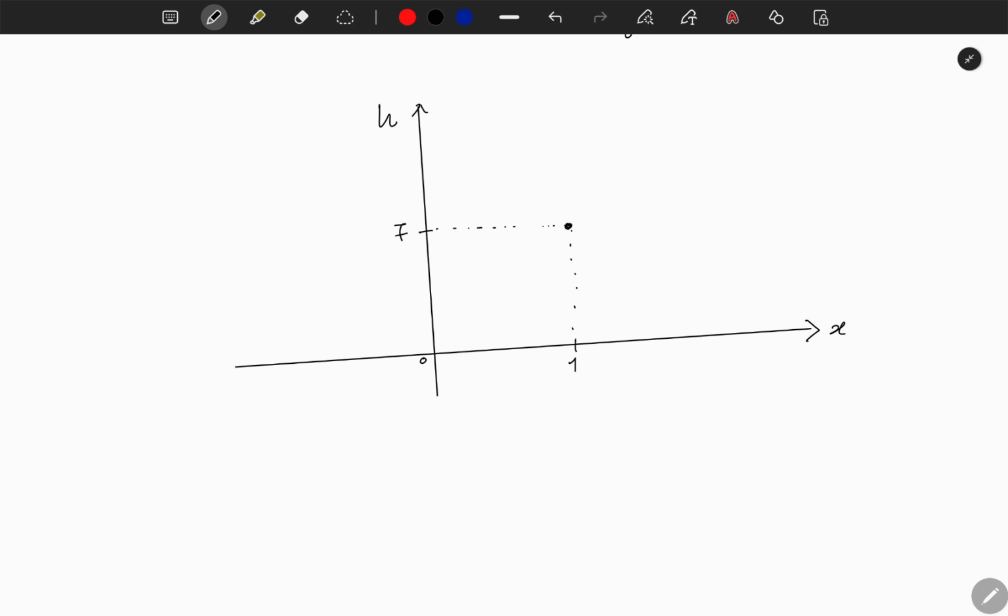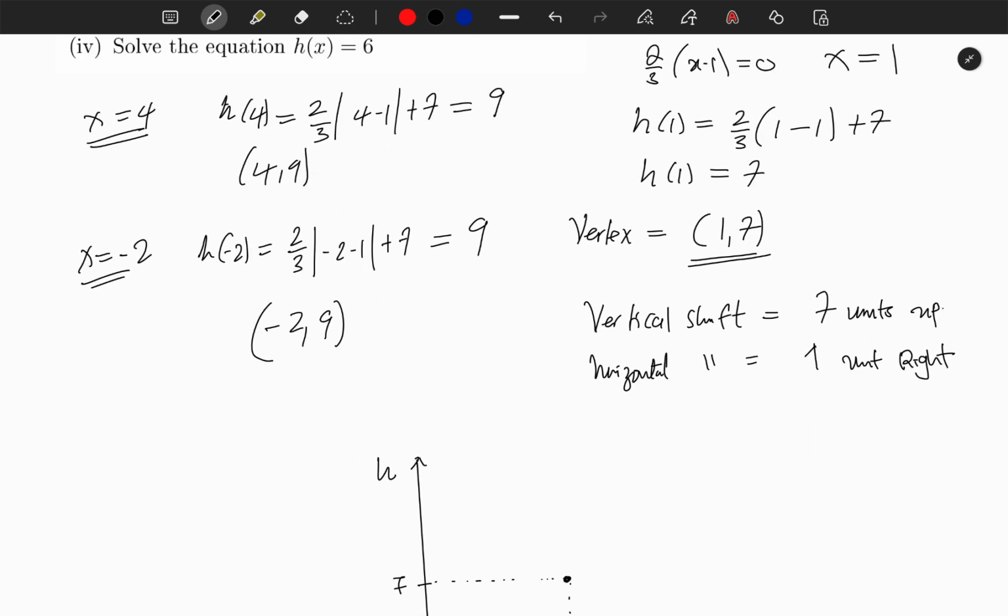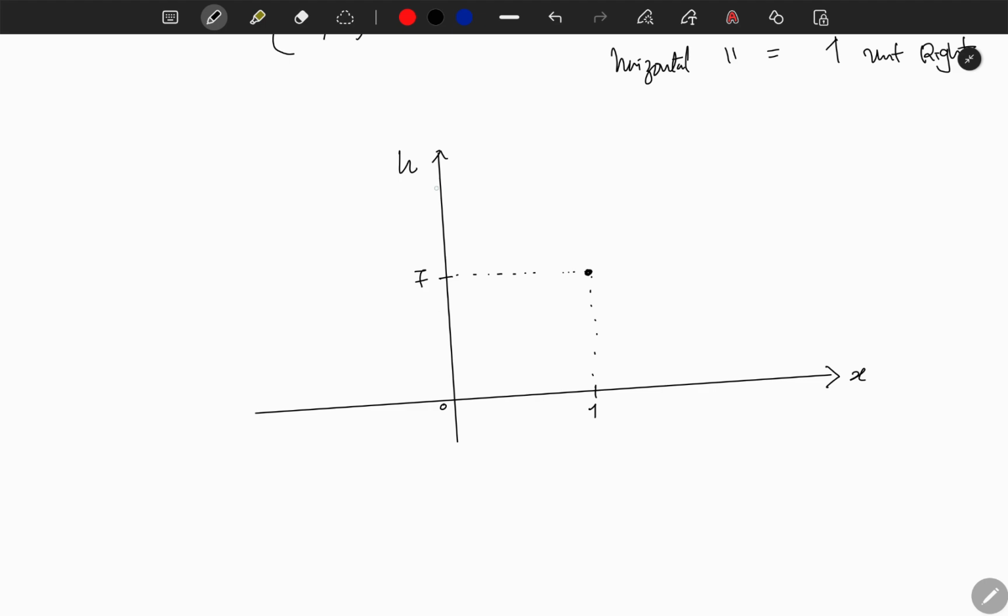Then we had something like (4, 9). So we can put our 1 here, then our 4 there.